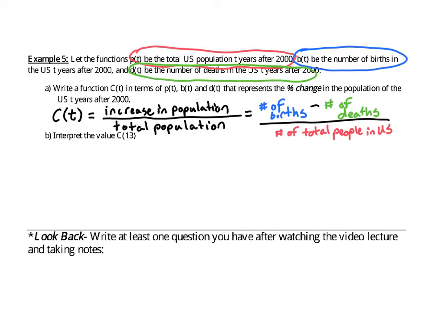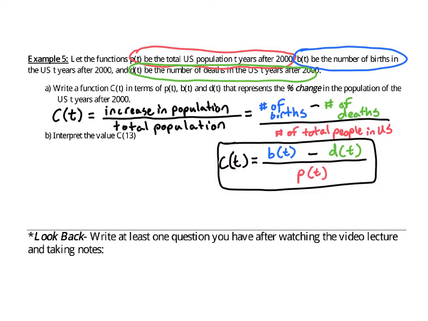Well, since population has been going up in the United States every year for the last who knows how many years, we're going to just call it increase in population. When you compare that or divide it by the total population in that same year, that will give you the percent change. Now we will substitute the functions P, B, and D to actually describe that.